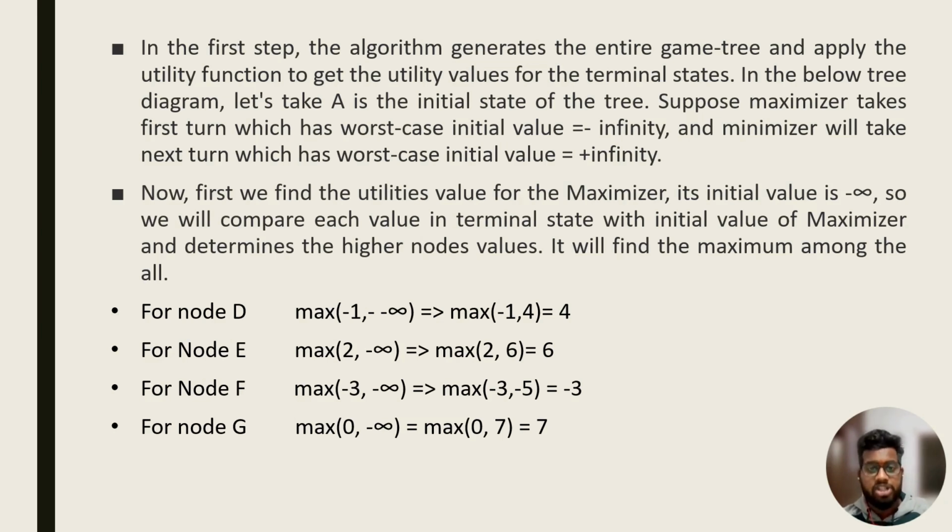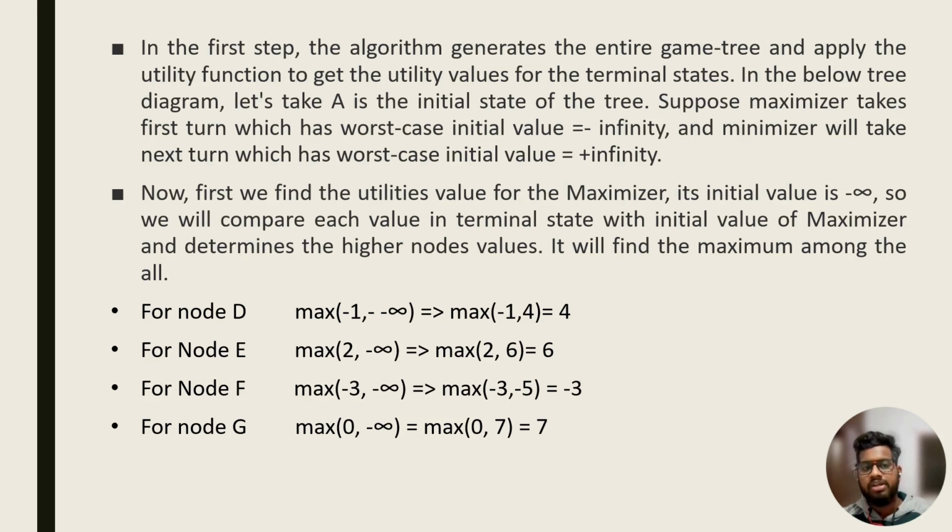Let's take the initial state of the tree. Suppose maximizer takes the first turn, which has the worst case initial value equal to minus infinity, and minimizer will take the next turn, which has the worst case initial value positive infinity. Now, first we find the utility value for the maximizer. Its initial value is minus infinity.